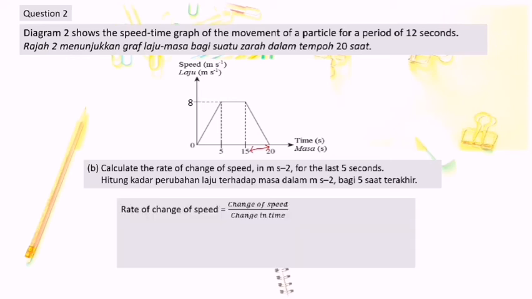Rate of change of speed equals final speed 0 minus initial speed 8, divided by 20 minus 15, equals negative 8 over 5 meters per second squared. For this part, the negative you cannot change to positive. Negative means deceleration.